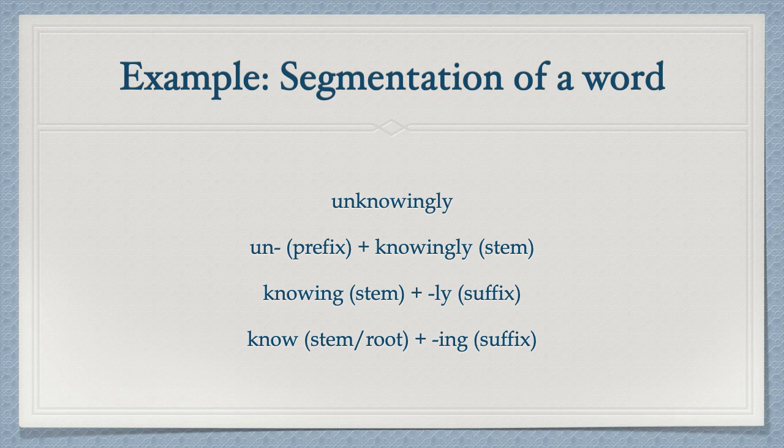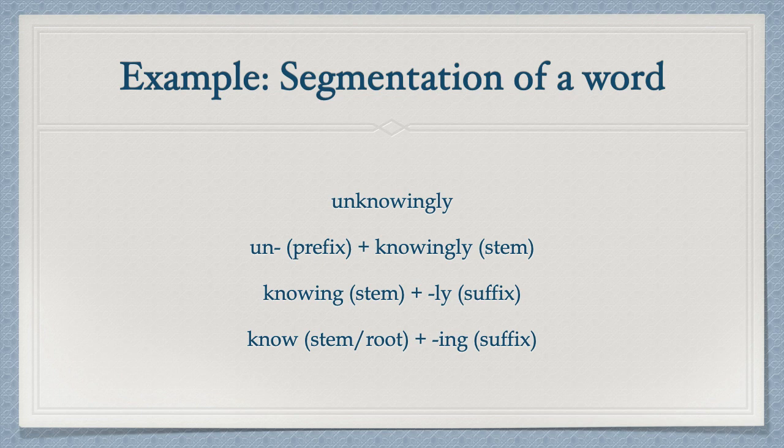So here the word unknowingly is composed of 4 morphemes, of which one, that is know, is a free morpheme, and the other 3, un, ly and ing, are all bound morphemes. Un, ing, ly.